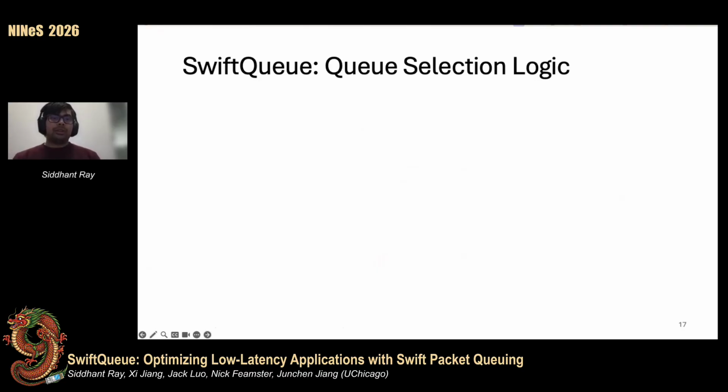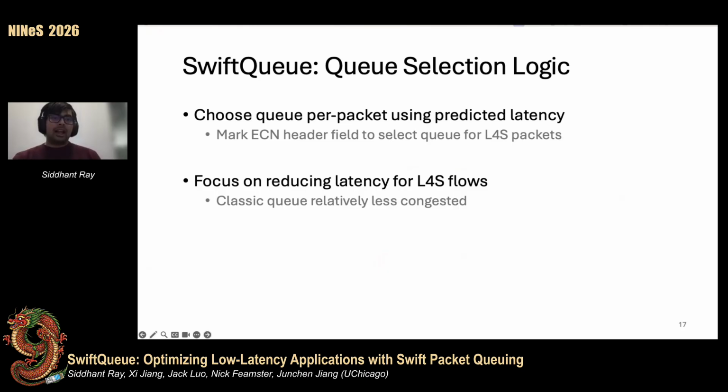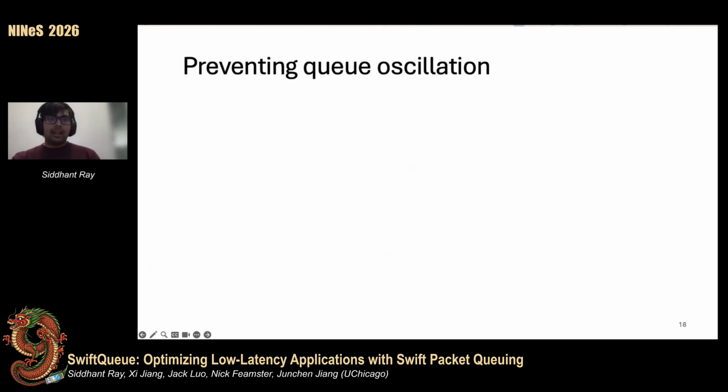Now let's move on to the SwiftQueue queue selection logic. So we choose the queue per packet using the predicted latency, and we mark the ECN field in the header to select the queue for the L4S packets. And we focus on reducing the latency for L4S queues. The classic queue is relatively less congested in this setup. Now we need to think about two problems which can happen here.